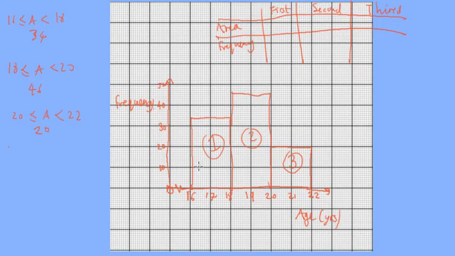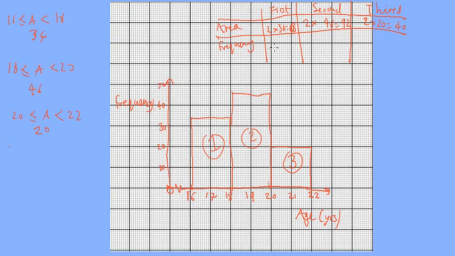So the area is 2 times 34, which is 68. And this one is going to be 2 times 46, which is equal to 92. And on the third, we've got 2 times 20, which is equal to 40.